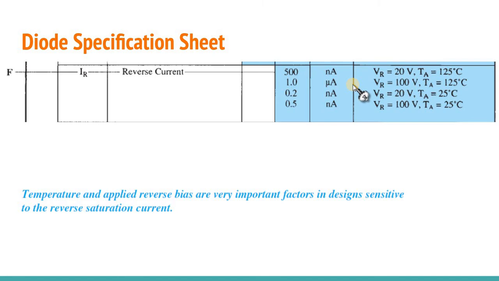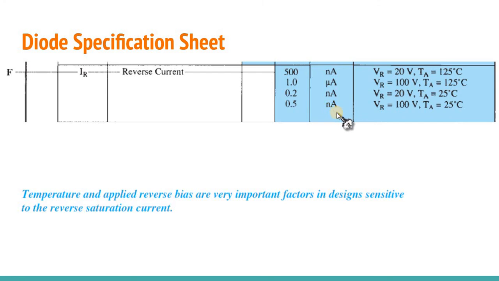So, which is bigger, nanoampere or microampere? Okay, so, bigger ang micro because nano is 10 to the power of negative 9. Micro is 10 to the power of negative 6. So, normally, dako ang value sa current with the unit microampere kaysa sa nanoampere.